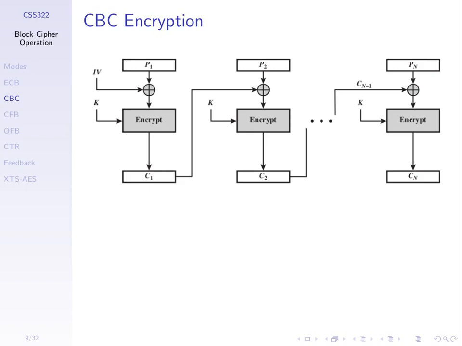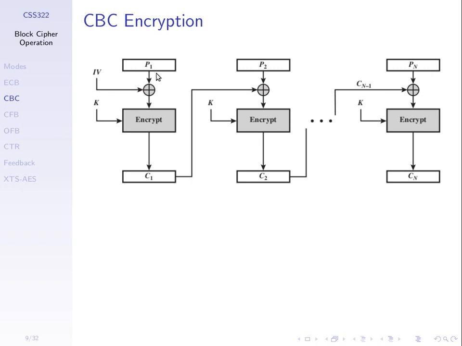Vector because it's really just a sequence of bits, a vector of bits we can think of it, and it's for initializing the chaining that happens here. So it's common in other modes of operation and in fact in other cryptographic operations, an IV or initialization vector. How does it work?